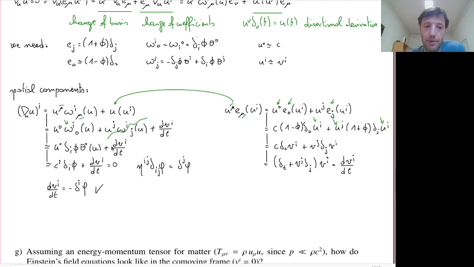Now we need to fill up this stuff. First we focus on this expression that I report here on the right-hand side, where u is written in terms of a linear combination of the coefficients and the basis, as usual. Then I split this sum with respect to the time component and the spatial component.